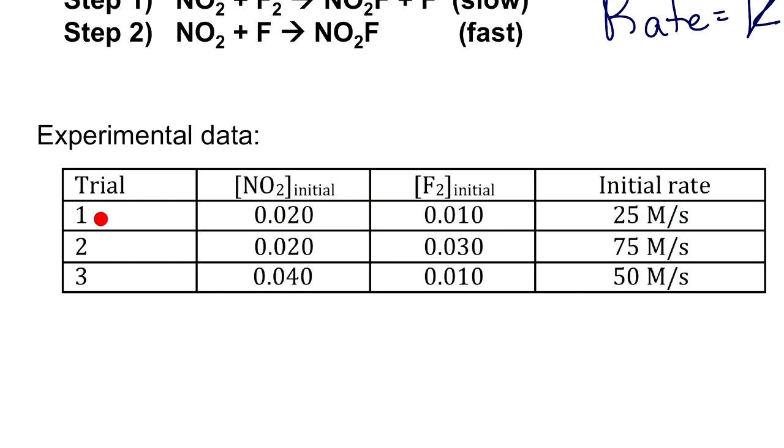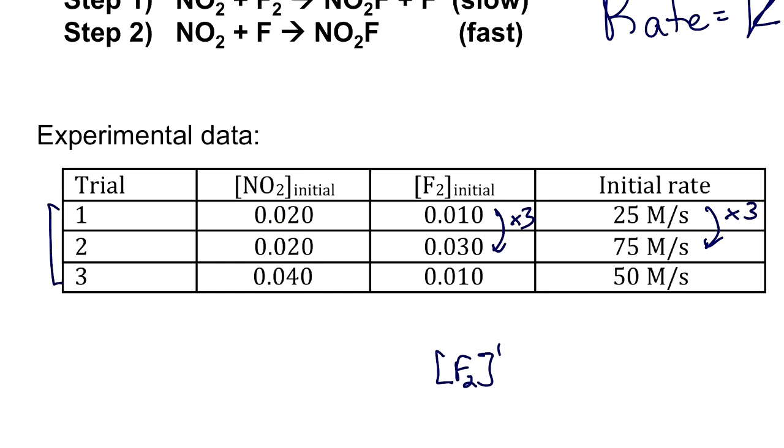If I look at trials 1 and 2, NO2 stays the same, but how does F2 change? It triples. So then we inspect, how does the rate change? It also triples. So what's the order of F2? 1, yay.